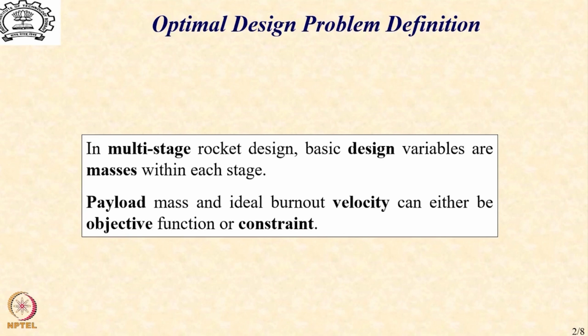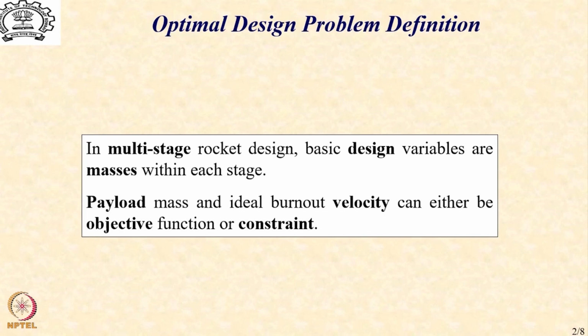The implication of these are that in one case, when you are putting payload mass as a constraint, we are saying that a particular spacecraft can be used for different missions for which you will require different velocities.